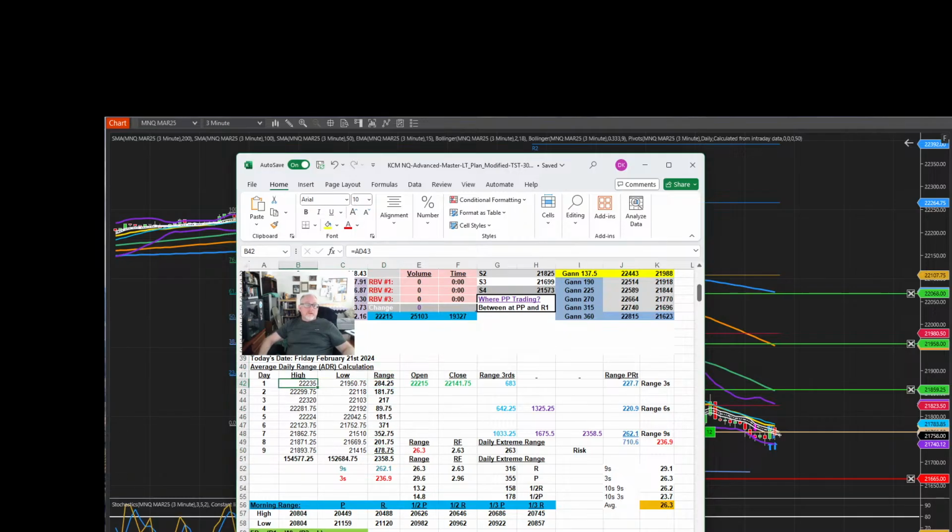So 222.35 minus 21,950.75 gets you 284 and a quarter. Most important thing is you're adding up the 9 days, dividing it by 9 days. This gives you your average daily range. Always add, divide by 10. 26.3. Move it to 27.